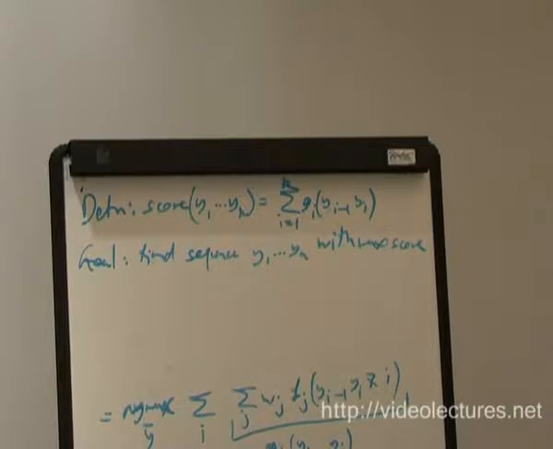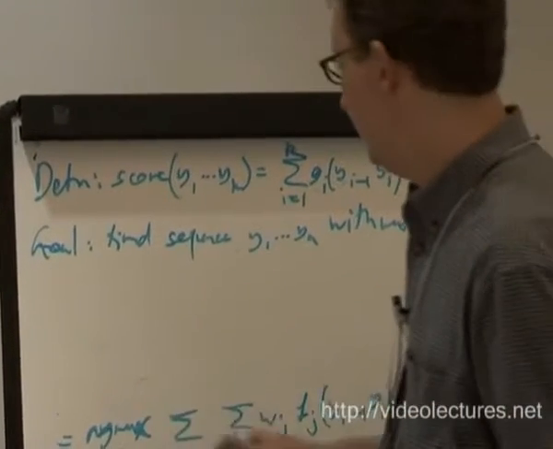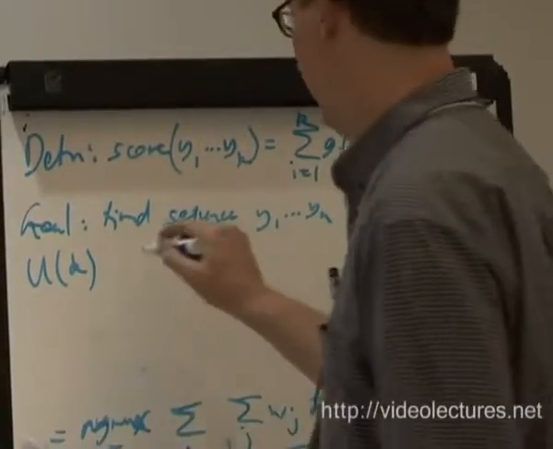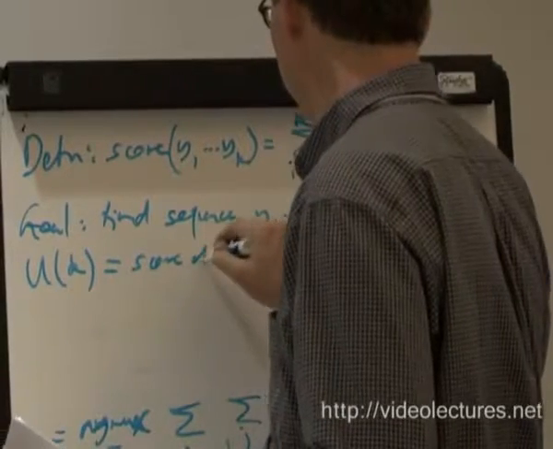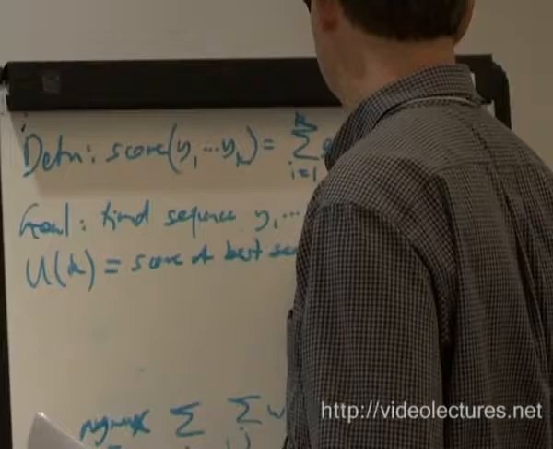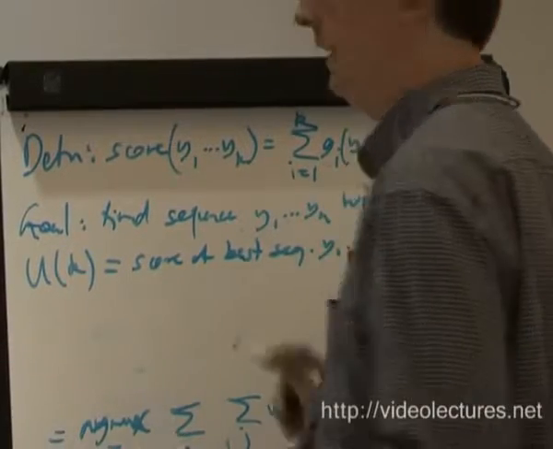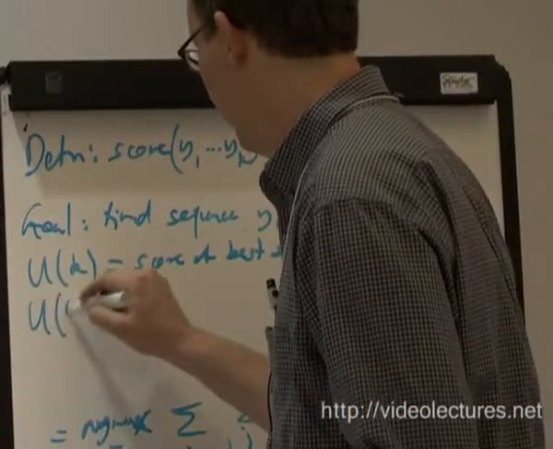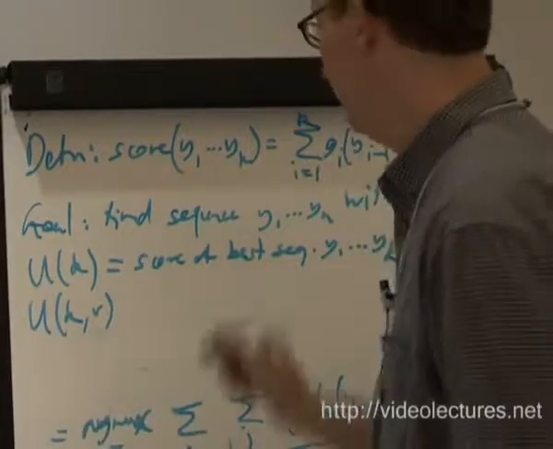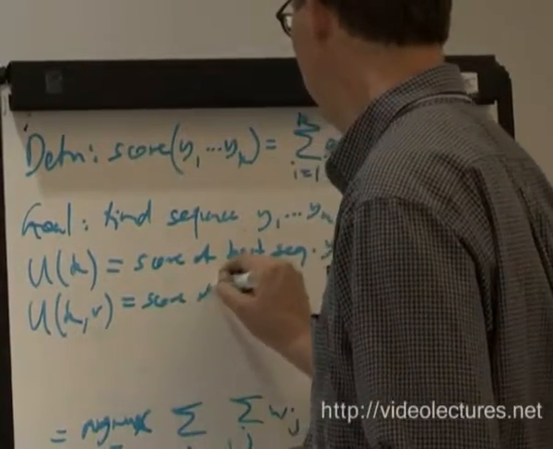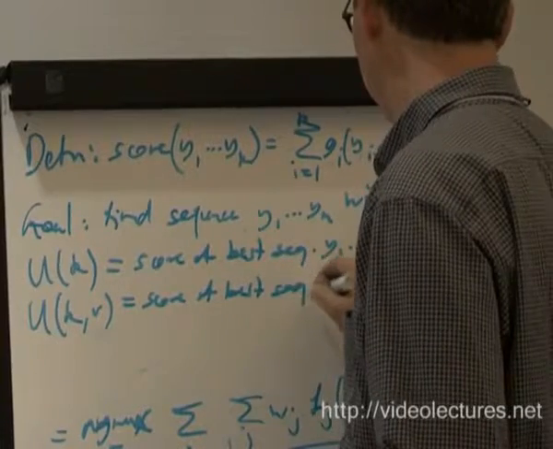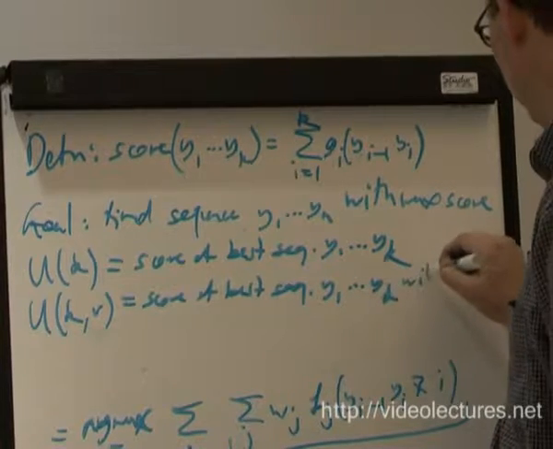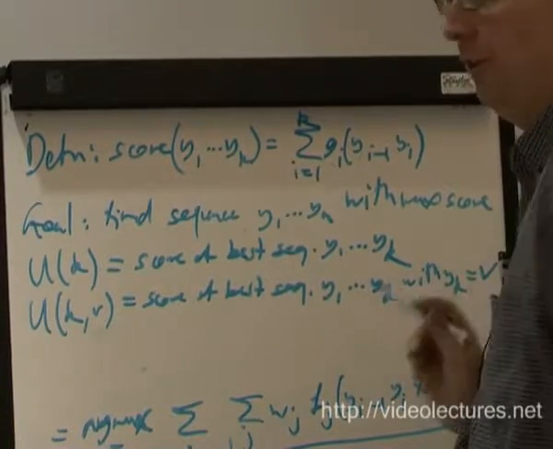And so define u of k as the score of the best sequence y1 through yk. And then I'm going to define u of k comma v as the score of the best sequence y1 through yk with yk equals v.